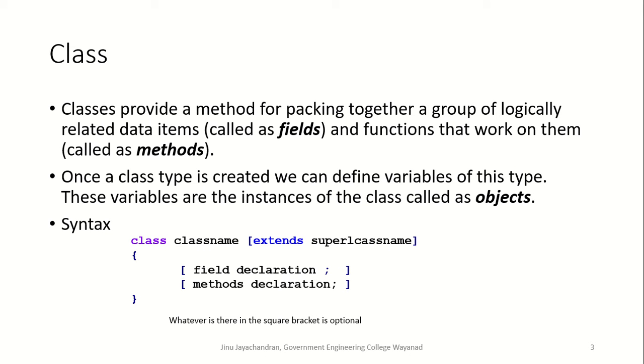So classes, as the name indicates, provide a method for packing together a group of logically related data items and functions that work on them. Data items in a class are called fields and the functions are called methods. Once a class type is created, we can define variables of this type, and these variables are called objects.